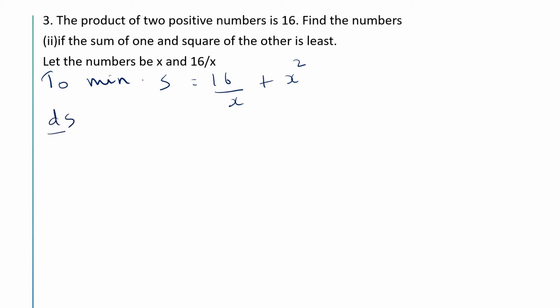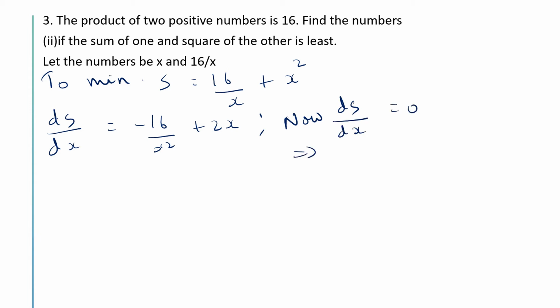So here we will find ds by dx. It is equal to minus 16 by x square plus 2x. Now we know that at the critical points ds by dx equal to 0.